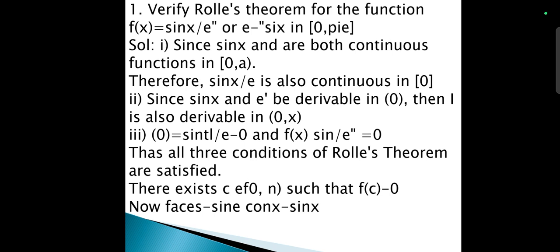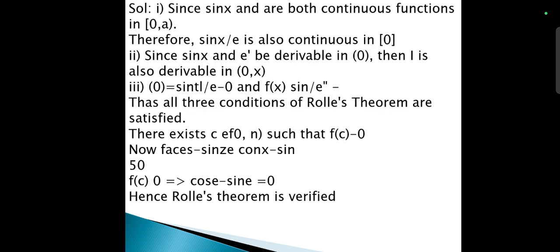Since sin x and e power x are derivable in 0 to pi, the product is also derivable. f of 0 is sin 0 e power 0 and f of pi is sin pi e power pi, both equal to 0. Thus, all three conditions of Rolle's theorem are satisfied. There exists c such that f dash c is equal to 0, where f dash x is e power x into cos x plus sin x.